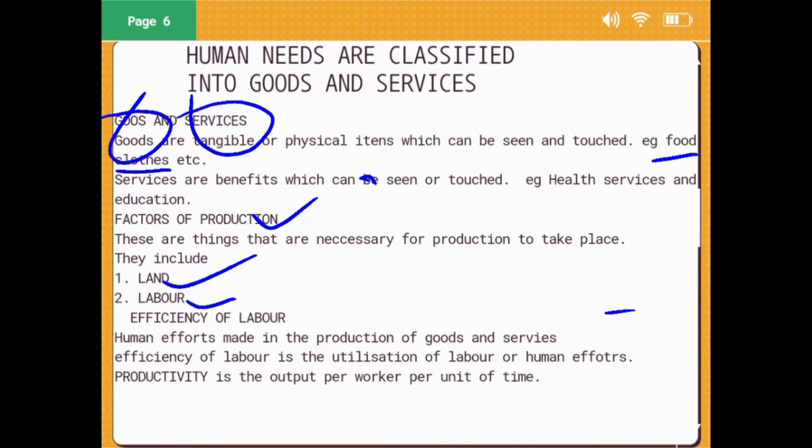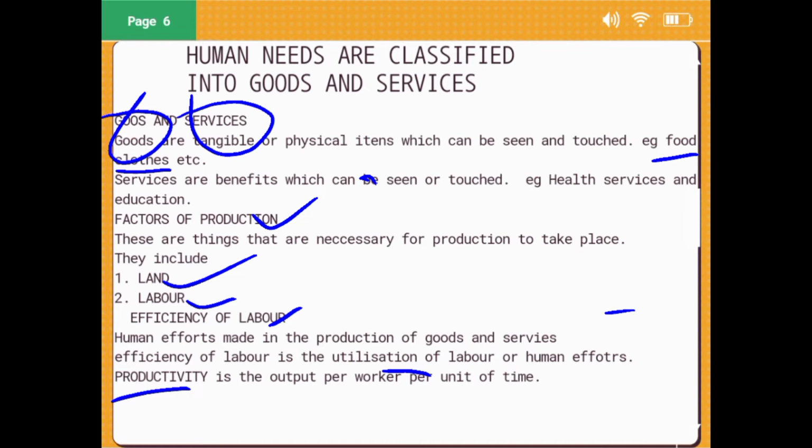So now, we have what we call efficiency of labor, which is the utilization of labor, or human efforts. Utilization of what? Labor. We'll discuss it, don't worry. Let me talk about this word here, productivity. This is how this topic is: economic and social development has different things, but at the end, they make up one complete thing.